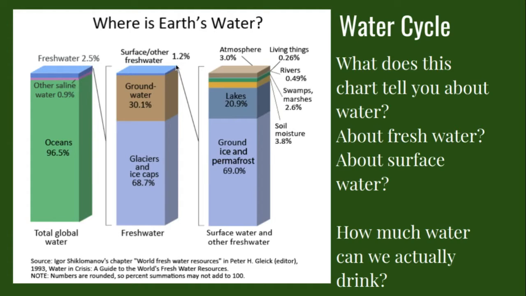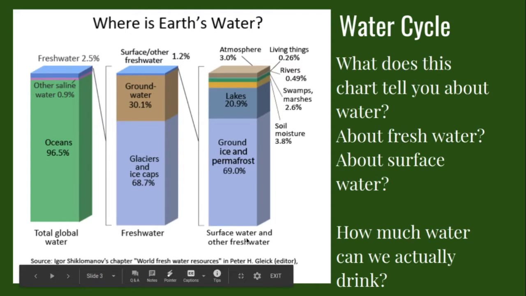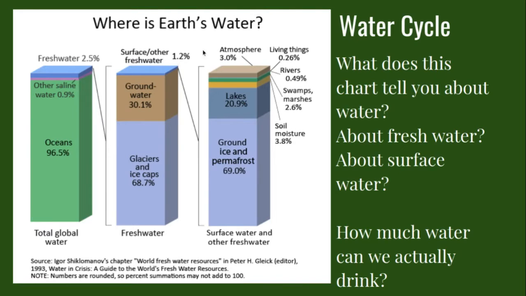Then they take this 1.2%, that's a portion of this 2.5%, and they zoom into that for the surface and other fresh water. Of this 1.2% surface water, 69% of it is ground ice and permafrost. Then 20.9% is in lakes.